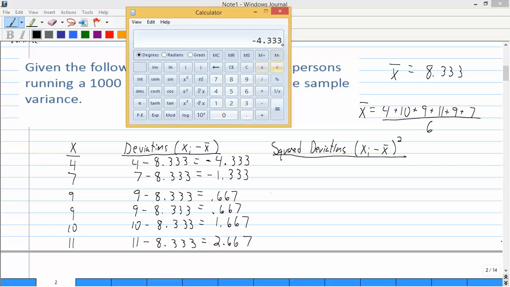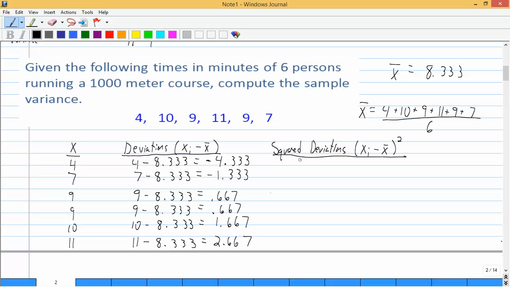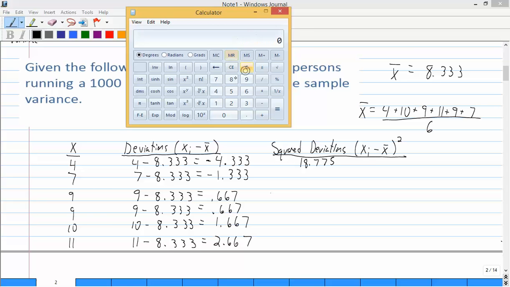Alright, so if I have that and I square it, I get 18 point, I'm going to round to 3 places again, I'm just going to stay consistent. I have 18.775. Alright, and I'm simply going to do that for each one of these data items.